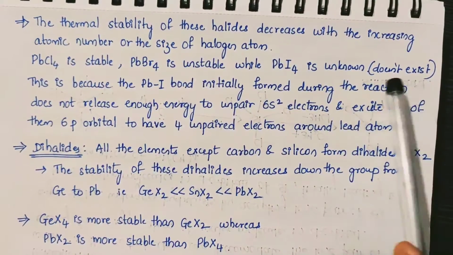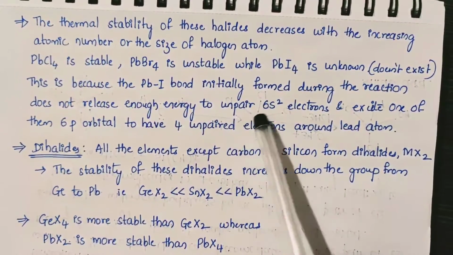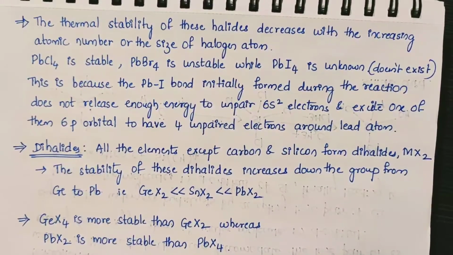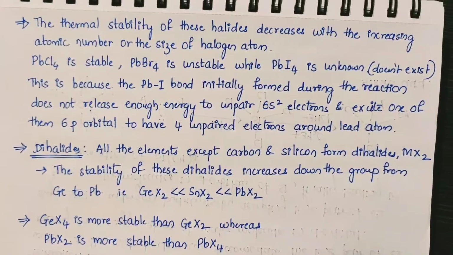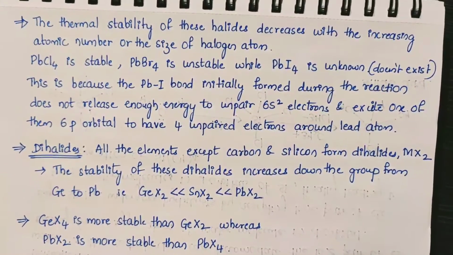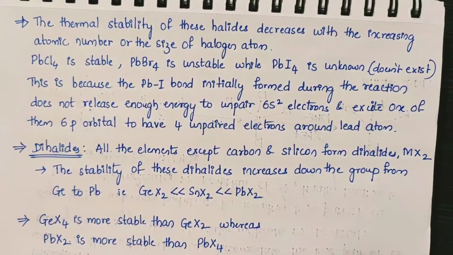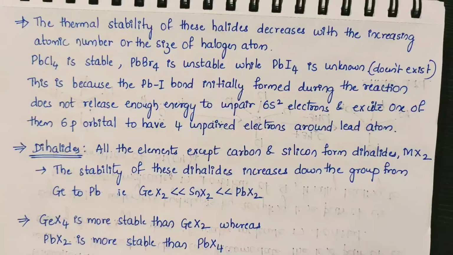This is because the Pb-I bond initially formed during the reaction does not release enough energy to unpair the 6s2 electrons and excite one of them to the 6p orbital to have 4 unpaired electrons around the lead atom. So just remember that the thermal stability of the halides tends to decrease with increasing size of the halogen atom.